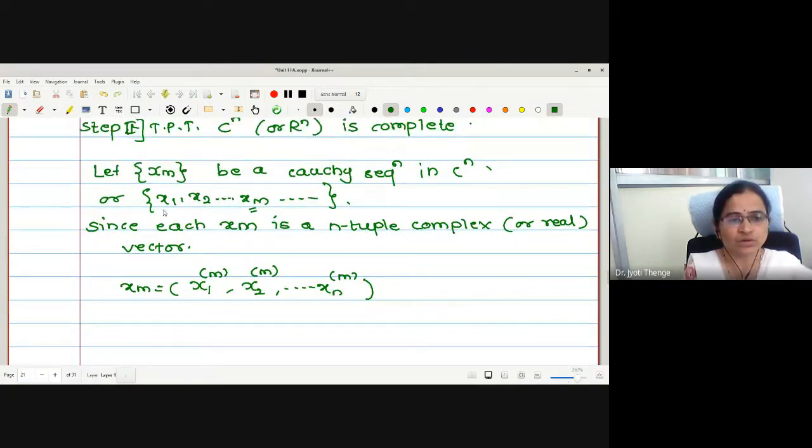Likewise, every vector x1 is written as x1,1, x2,1, up to xn,1, or you can read in the reverse way, x1,1, x1,2, x1n. And what about the nature of every individual term? If this n-tuple vector belongs to Cn or Rn, then what about the individual coordinate?